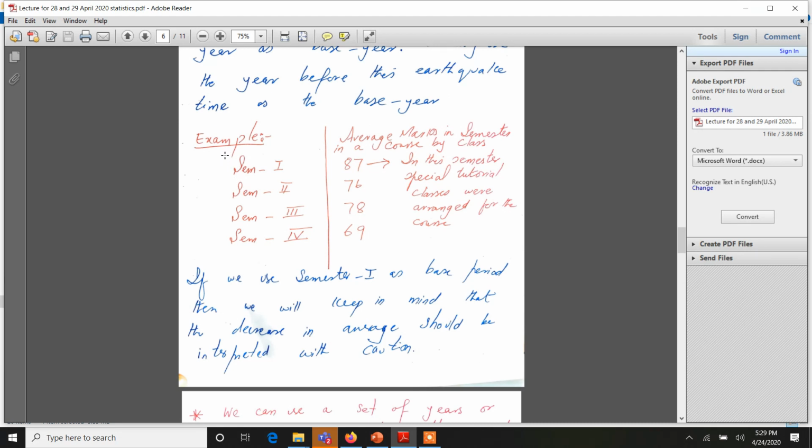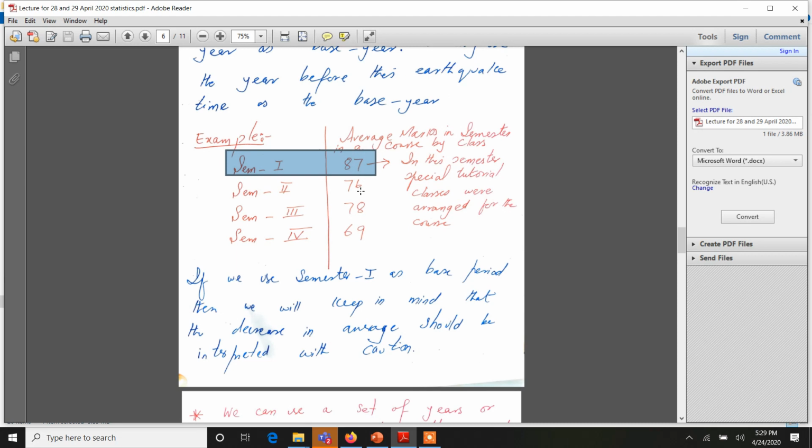Let's say we have data on marks in different semesters, semester 1, 2, 3, 4. Of course, these are the average marks in a semester in a course by a class, not a single student. So on average, in semester 1, the class scored 87 out of 100 marks.